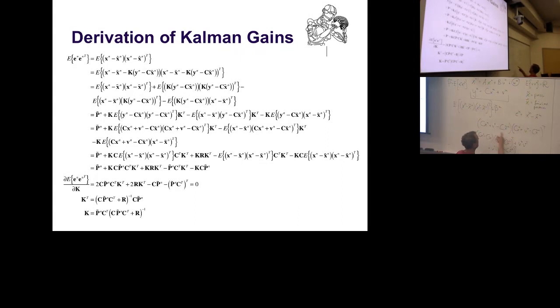And I get a term from this here, plus Cxn minus Cx squiggle n, Vn transpose. Does that make sense roughly? Okay. And again, I take expectation of all of this, which is really important.